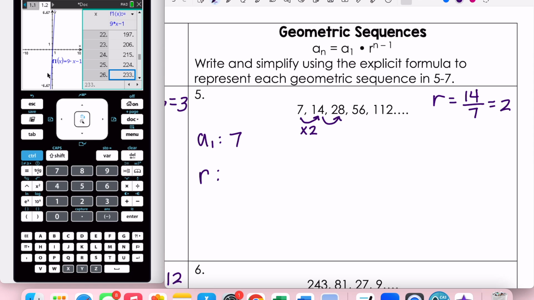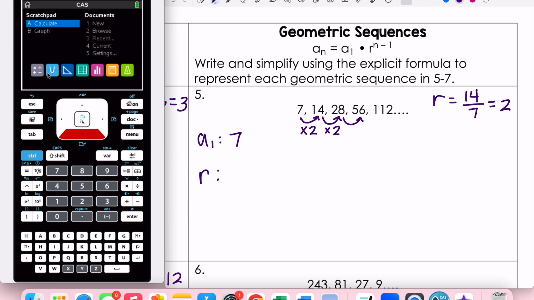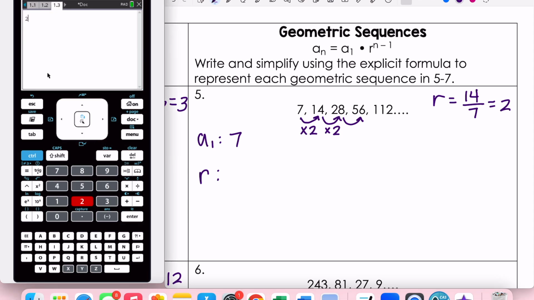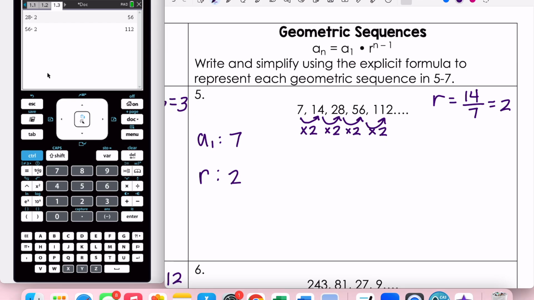To get from 14 to 28, I multiplied by 2. To get from 28 to 56, double check yourself here, but 28 times 2 is going to give us 56. If I take 56 and multiply that by 2, I'm going to end up with 112. So here, my common ratio is 2.